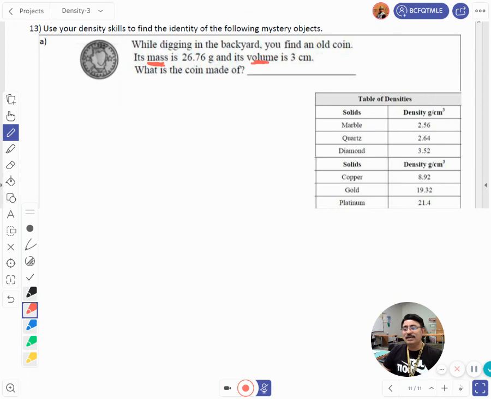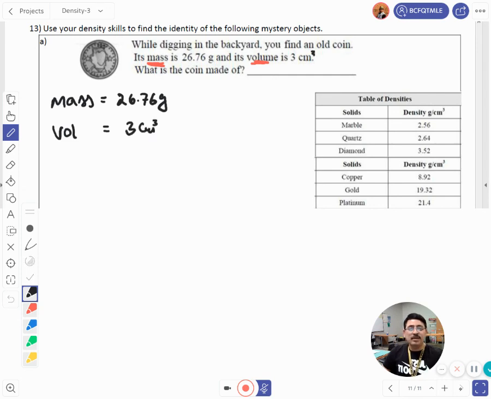Yes, it makes sense. Let me write the information first. Mass equals 26.76 grams. Volume equals 3. Oh, my apologies, it is supposed to be 3 cubic centimeters. The typo error.